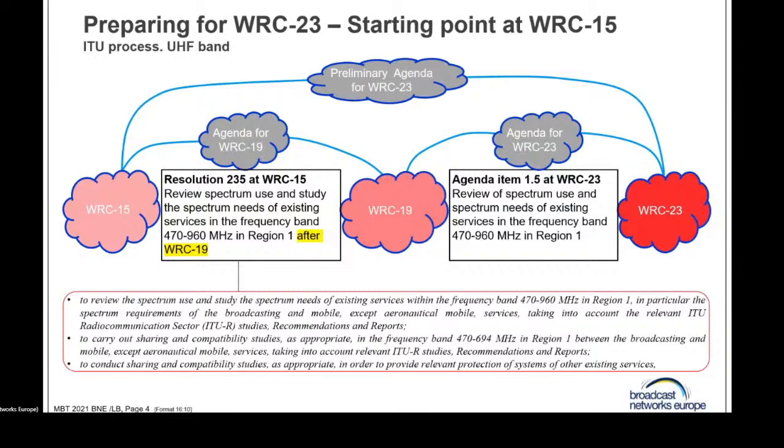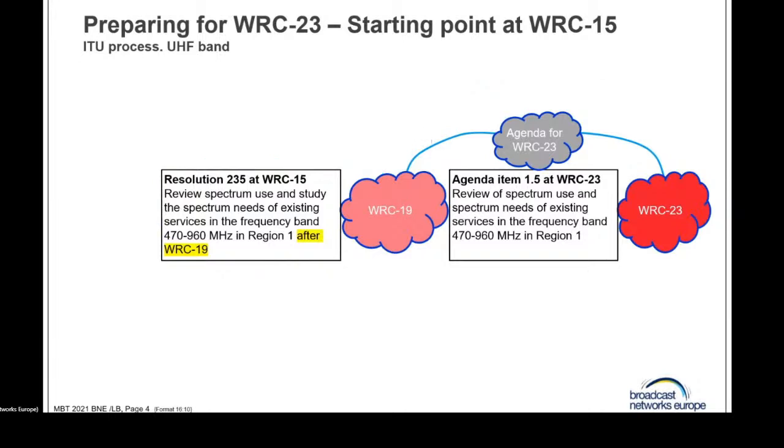And then WRC-19 actually created an agenda item for WRC-23, 1.5, which was kind of the order to review the spectrum use and the needs of existing services in the whole UHF band. You can see the exact decision down here. You can read it in the handout later on. But this was kind of the background, the mechanism that initiated the process. So it was WRC-15 and then 19 putting the agenda to 23. So this was the starting point.